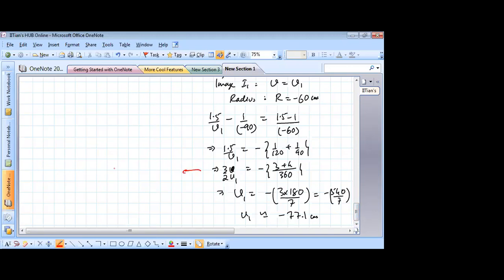The more important thing for us is 1 by v1, which will be minus 7 by 5.